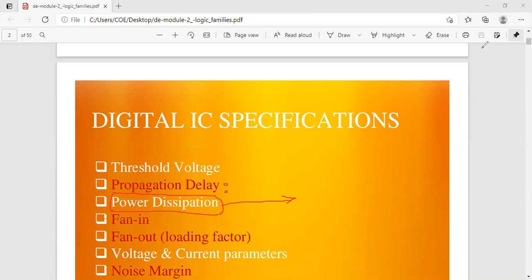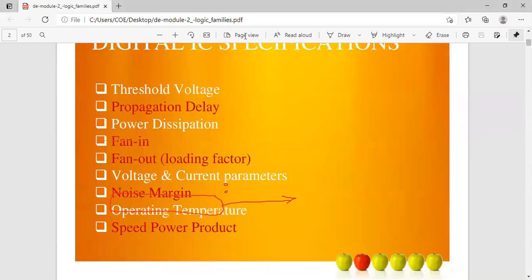The next definition is fan in and fan out. Fan in means how many inputs there are. Fan out is the opposite, that means how many outputs there are.